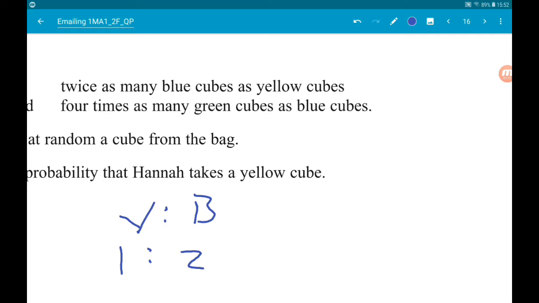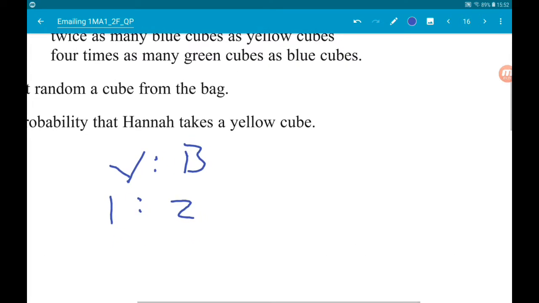Now we're also told there are 4 times as many green as blue. So for every 1 blue there are 4 green. So we can say blue to green is 1 to 4.